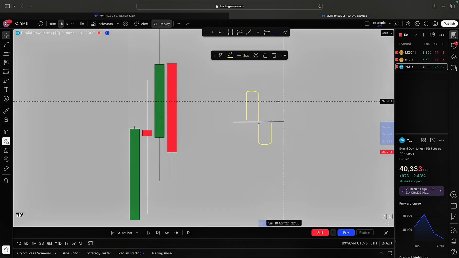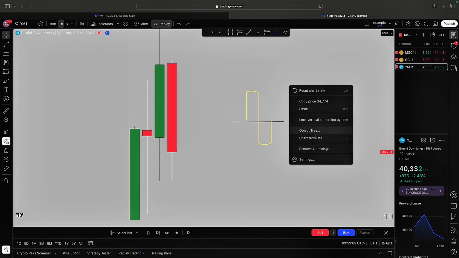So above, that means the start of that candle will be at the bottom. If it's below, which is a bearish candle, the start will be at the top because we're pushing down. If we're pushing up, we start at the bottom. If we're pushing down, we start at the top. So hopefully that makes sense.